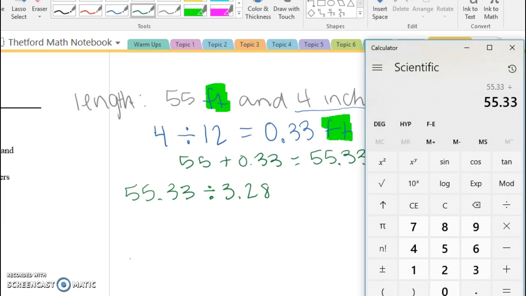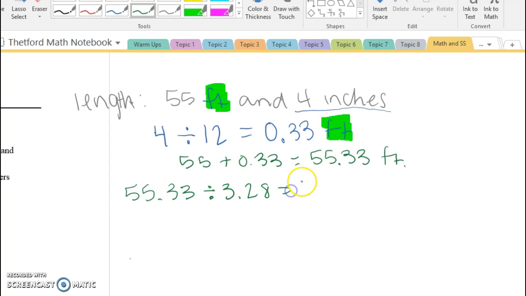So now I'm going to hit divided by 3.28, and I get, again, a really long decimal. So we are going to round to the nearest hundredth again, and this time you'll notice that this 8 makes this 6 round up to a 7. And so our new answer is 16.87 meters.